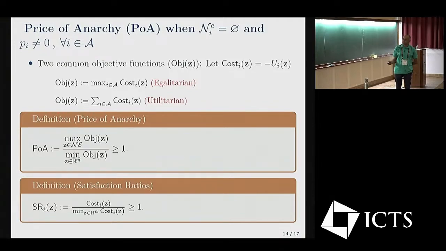We write it in terms of cost rather than the utility functions itself. It is the cost that the ith agent incurs at that opinion profile, divided by the minimum cost that the ith agent would incur if it could choose the entire opinion profile on its own. That is the satisfaction ratio.